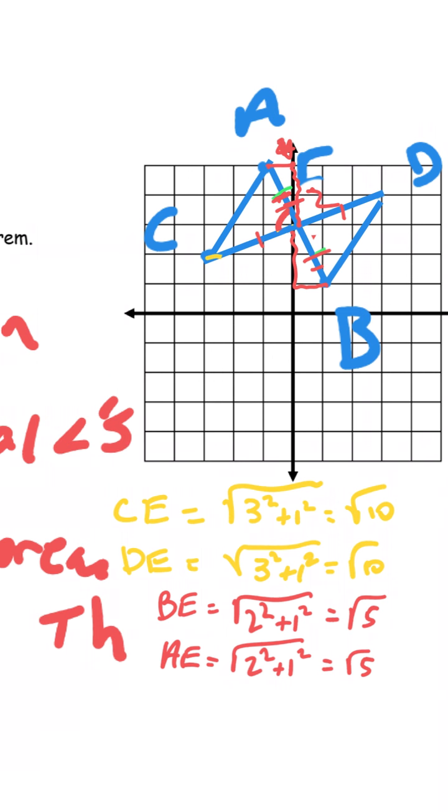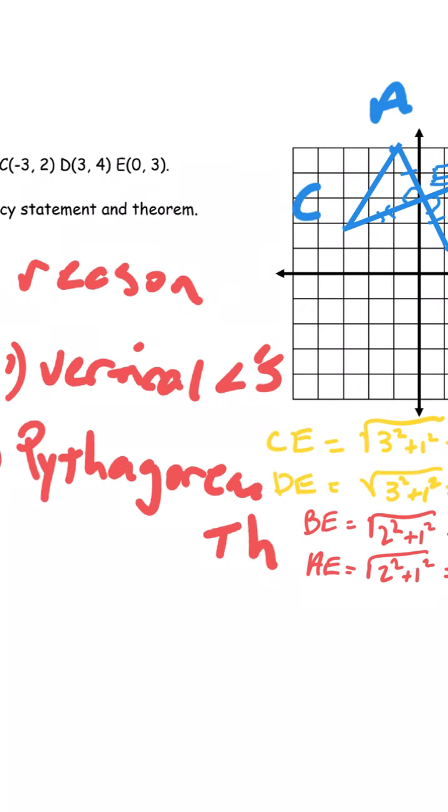I'm going to erase some of this mess and put our images back in. Remember, this is E, and my angles were equal. I showed that AE is congruent to BE, and I showed that CE is congruent to ED. The last thing I need to do is make my statement.